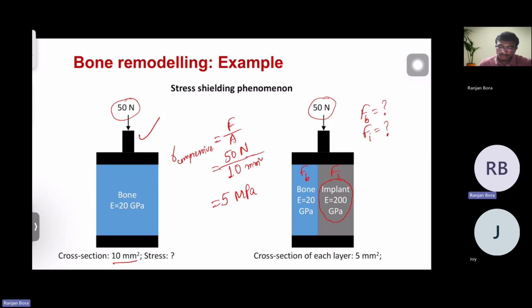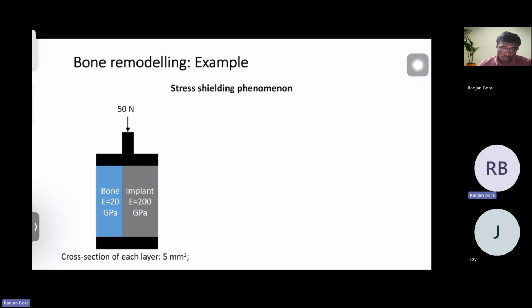Okay, so 5 megapascal is the compressive stress when there is no implant. But when there is an implant, what are these stresses, sigma B and sigma I? So we'll do this problem now.